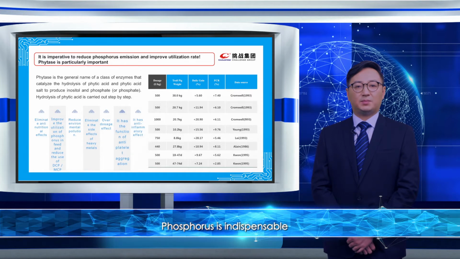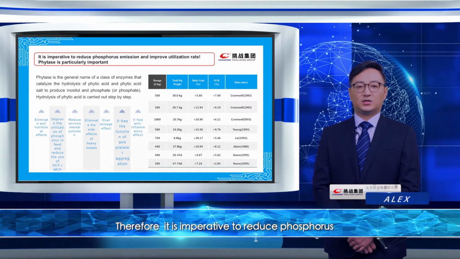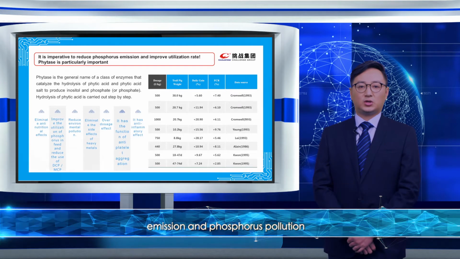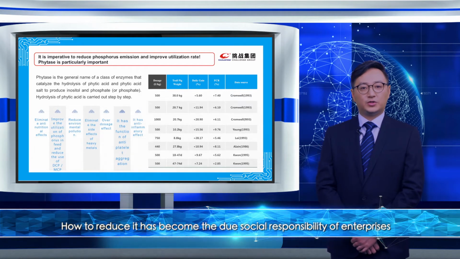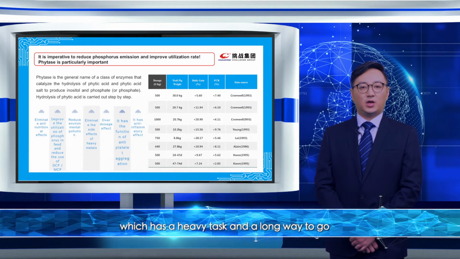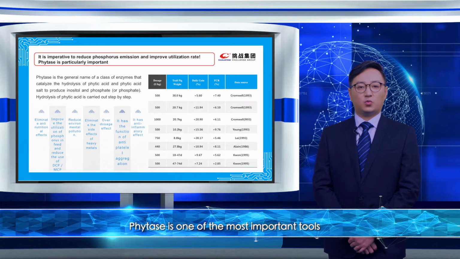Phosphorus is indispensable, but it also brings negative effects. Therefore, it is imperative to reduce phosphorus emission and phosphorus pollution. How to reduce it has become the due social responsibility of enterprises, which have a heavy task and a long way to go. Phytase is one of the most important tools.